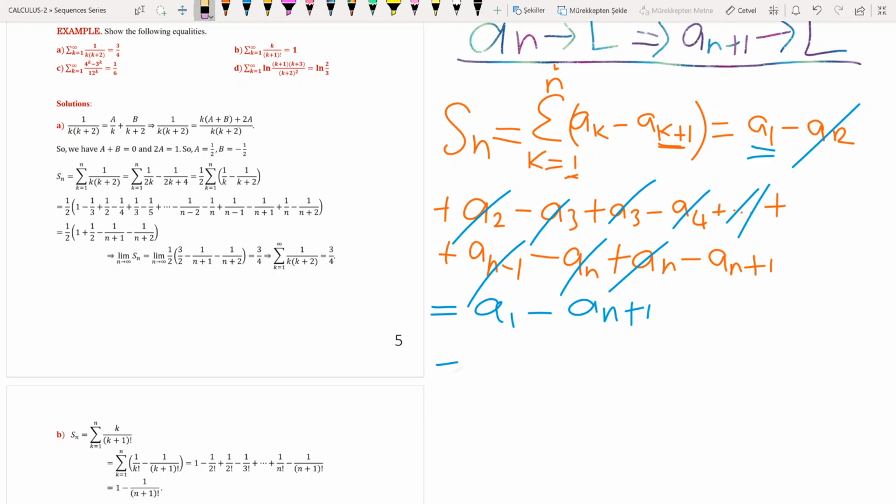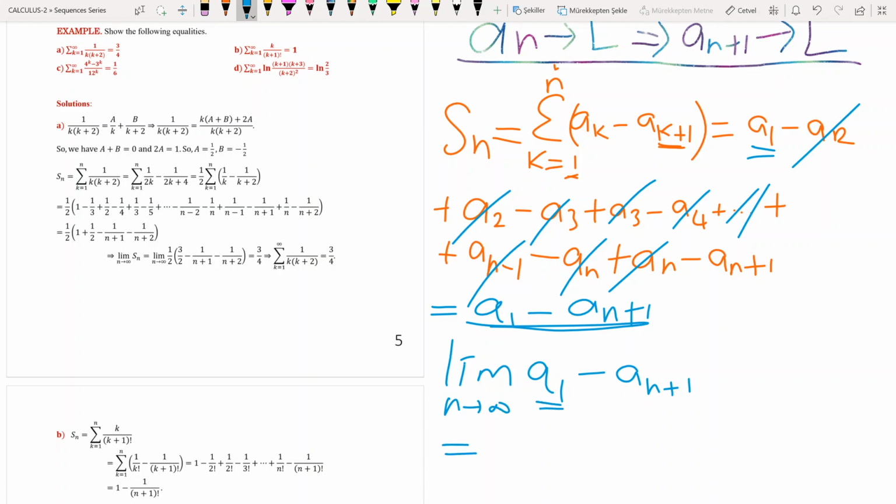Okay, we are looking at the limit of Sn. This is Sn itself. The limit of Sn is equal to the limit of a1 minus a(n plus 1) when n tends to infinity.